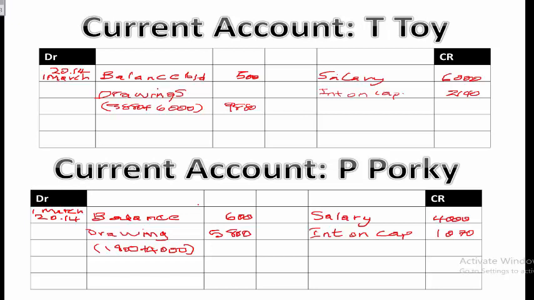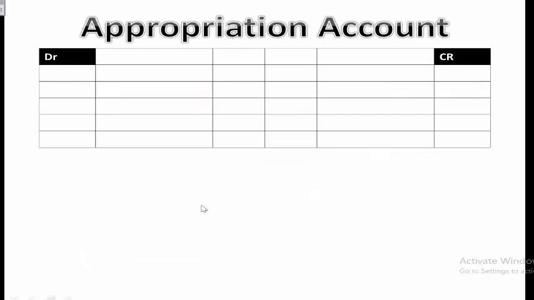So there will be contra accounts, certain amounts in the current account needs to be recorded also in the appropriation account. So let's go right ahead and check. Okay, for the appropriation account, the first amounts we can record is that interest on capital, right?